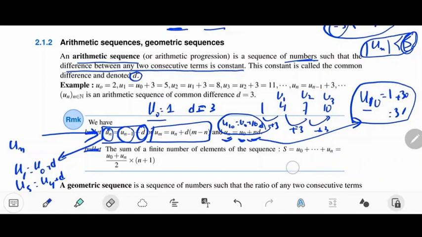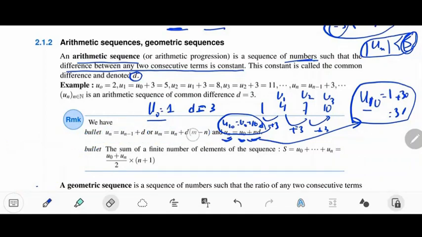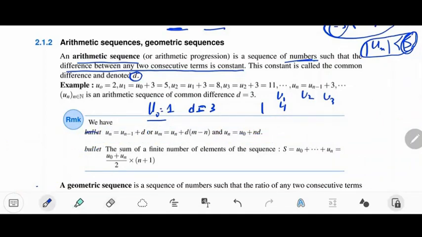Now, if I clean a little bit in here, so this is nothing. Also what's interesting is the following. If I want to calculate the sum of n terms, from u0 to un, for example u0 plus u1 plus u2 plus u3 until un, I will take the first term and the last term as I did for the example of Gauss. So I took 1 plus 100, it's 101, and then 2 plus 99, it's 101 as well, right?